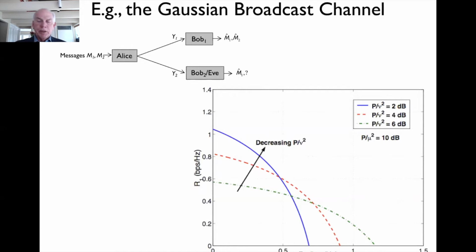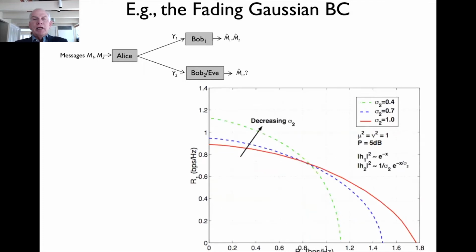Now, I mentioned that we can use fading to overcome this issue of needing to disadvantage one receiver, the eavesdropper. So now let's look at the fading Gaussian broadcast channel. In addition to having white Gaussian noise at both receivers, and I'm just going to assume they have the same intensity of noise, let's assume that the channels between Alice and Bob 1 and Bob 2 are both Rayleigh fading.